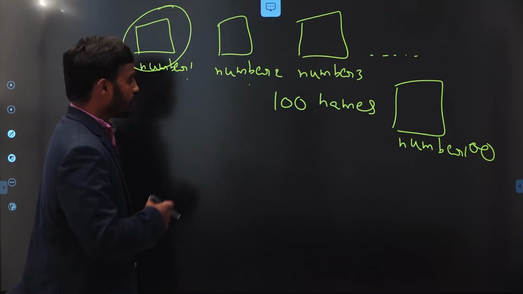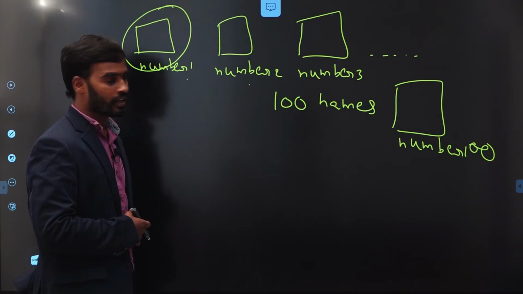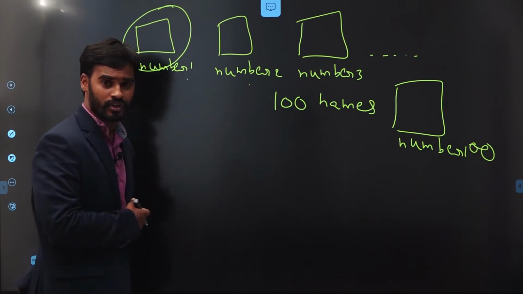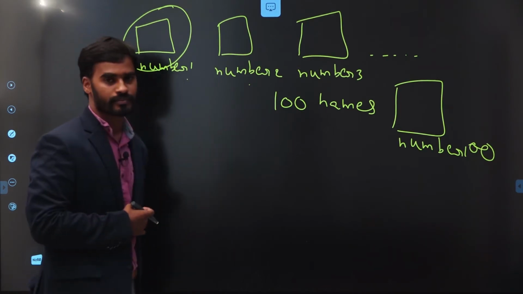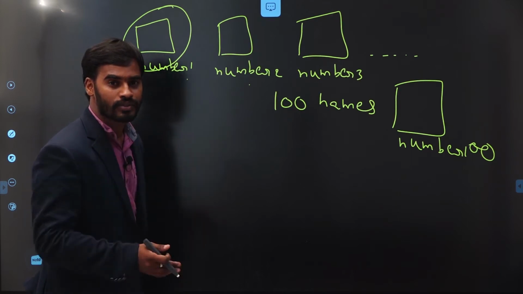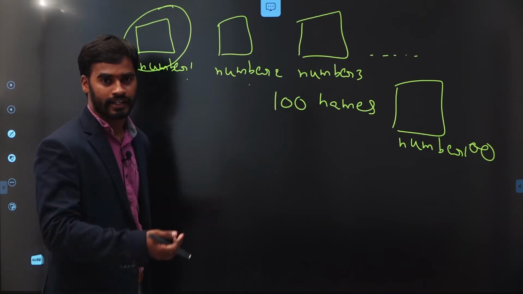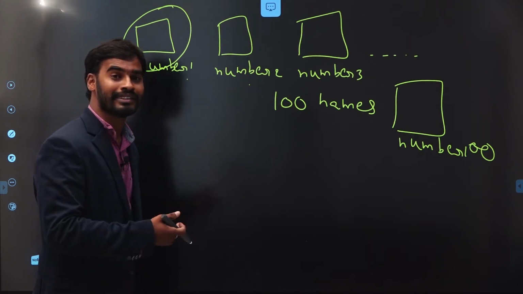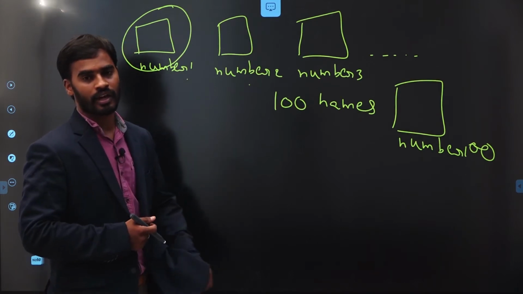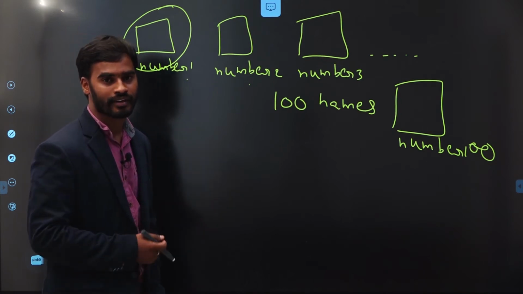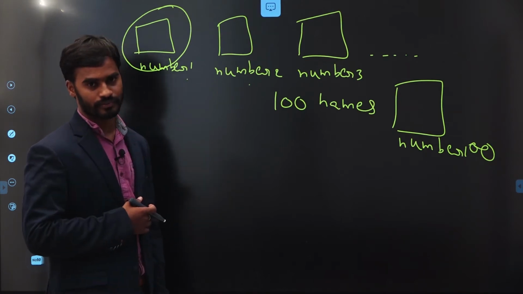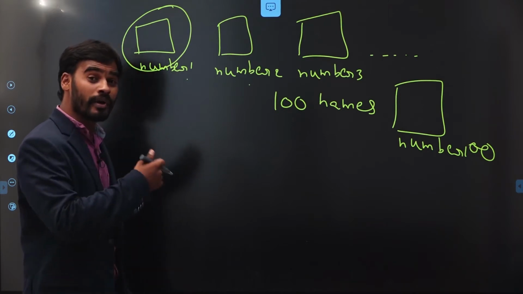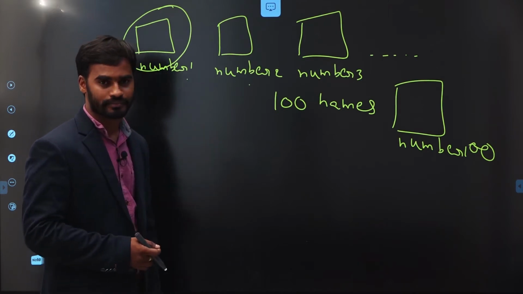If you are working with 100 variables, you have to give 100 different names. If you are working with 1000 data, you need 1000 different names. And if you are working with 10,000 data, you need 10,000 different names, and you need to remember all those names while writing the program.